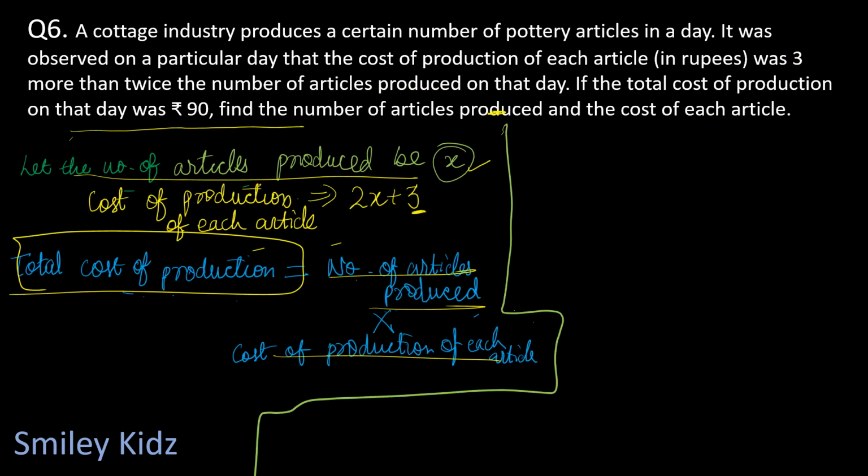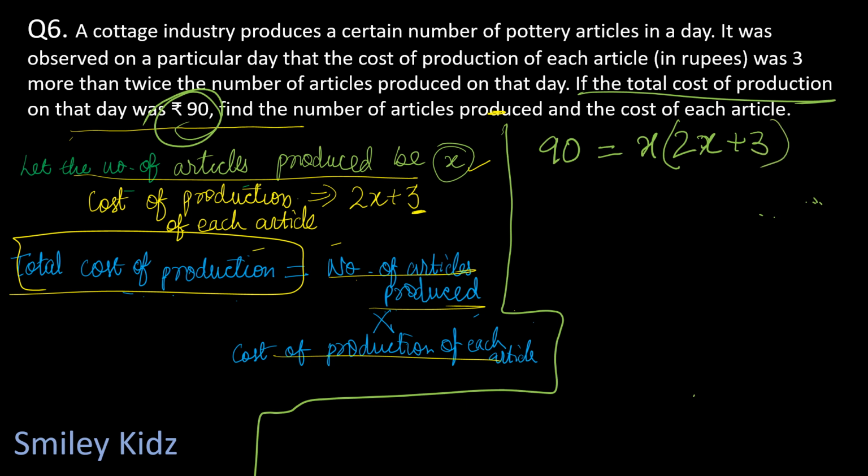Now we know that the total cost of production on that day was 90. So 90 is equal to x into 2x plus 3. That means the total cost of production on that day was 90, and the total cost of production is equal to the number of articles produced multiplied with the cost of production of each article.